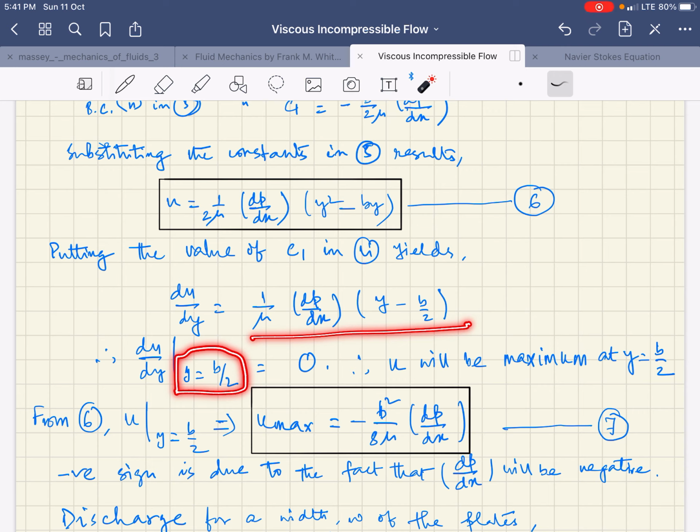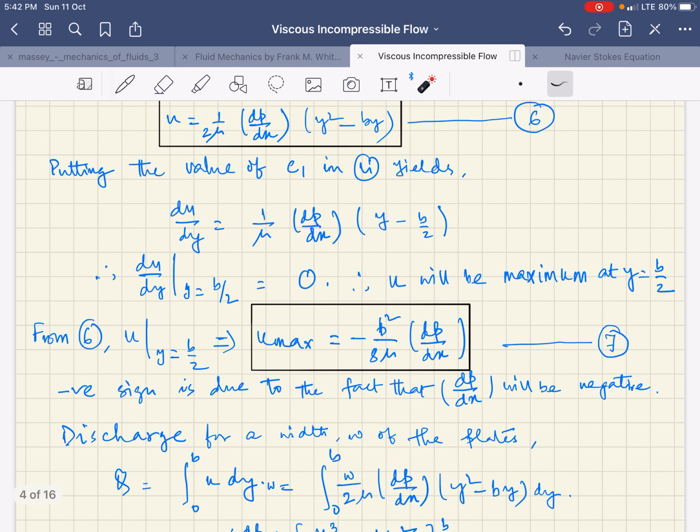Therefore u will be maximum when y equals b by 2. From equation 6 we can find u at y equals b by 2, and that leads to another black box containing u max equals minus b square by 8 mu dp dx. That is what we are calling equation 7.